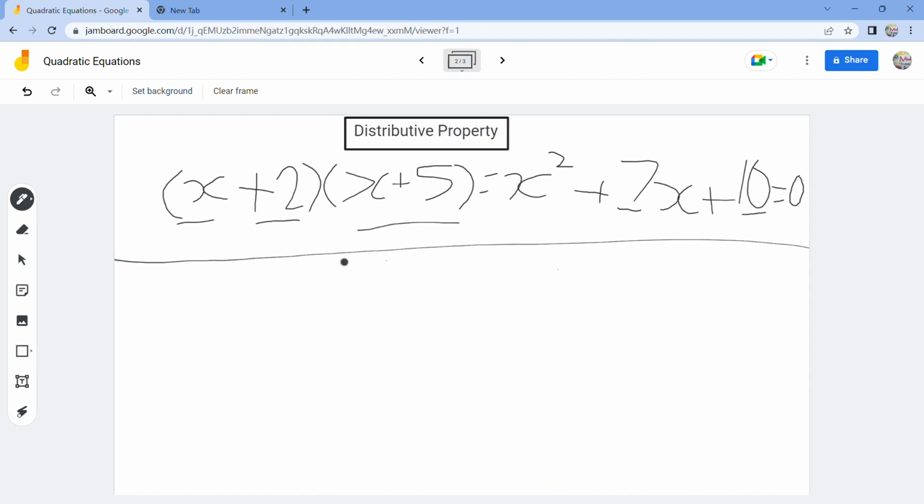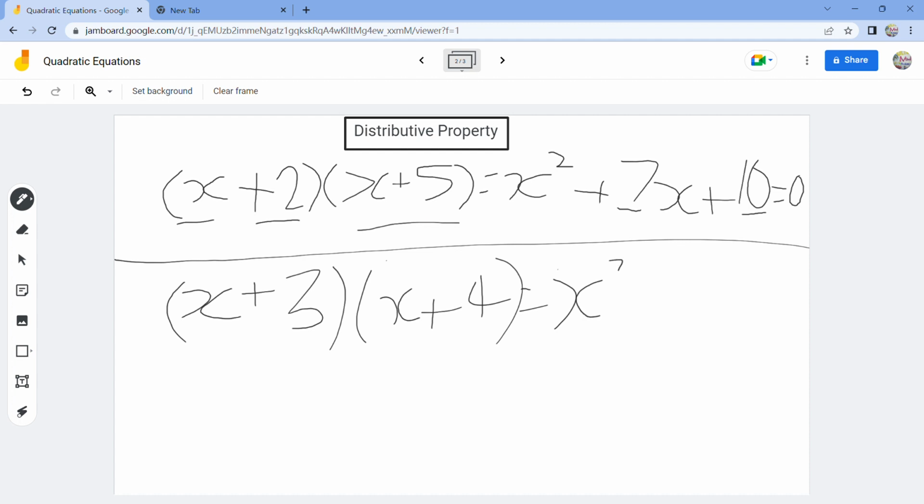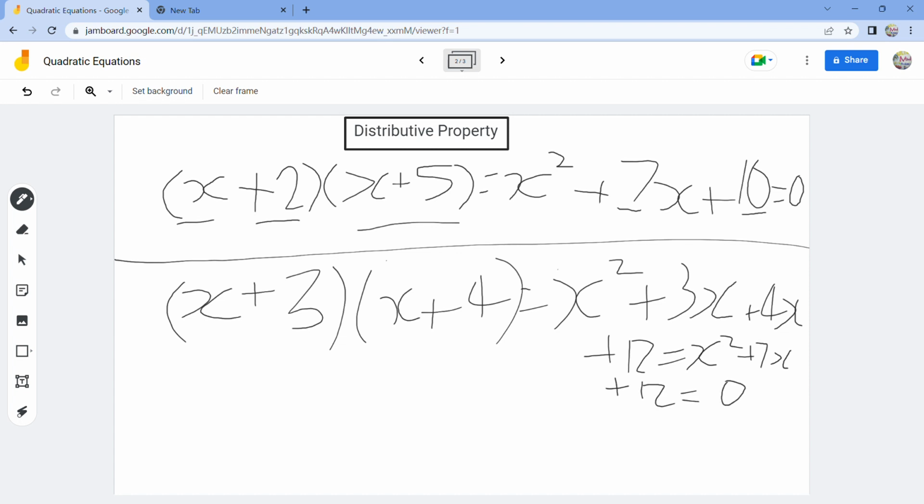Let me give you some practice expanding brackets, and then we'll learn more about the pattern. x times x plus 3, and then 4 times x is plus 4x, plus 12 equals x squared plus 7x plus 12 equals 0.